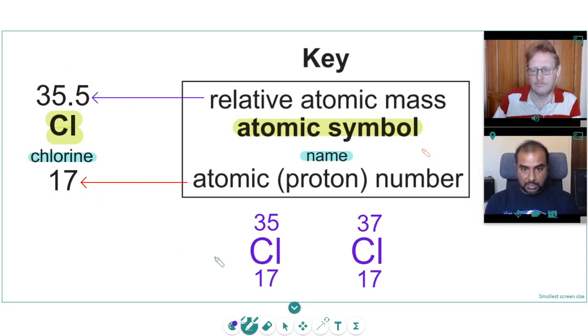So chlorine has two isotopes, as we mentioned earlier, chlorine 35 and chlorine 37. Once again, we'll build the nuclear structure of both isotopes and then go on to explaining how to work out this 35.5.